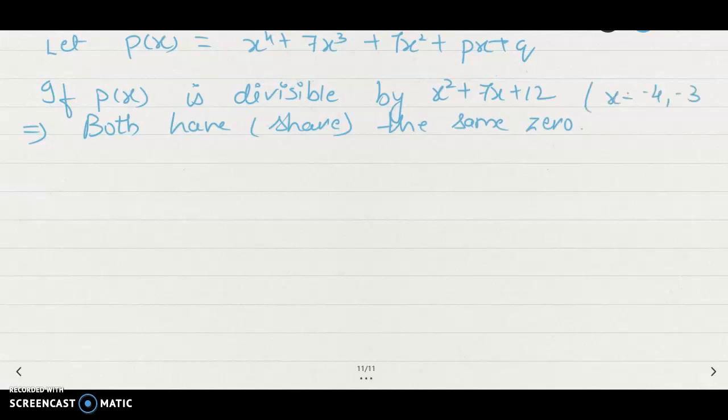Minus 4 and minus 3 must also be the zeros of this equation. If these are the zeros, it must be satisfied.